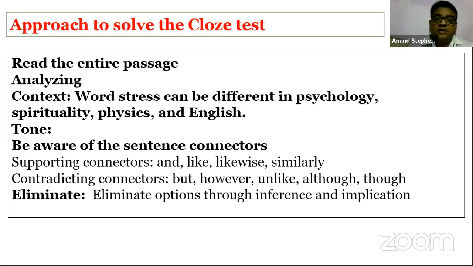So the first thing is analysis. Do a proper analysis of the passage. Analyzing here means understanding the gist or essence of the passage, and understanding the grammatical terms and parts of speech used.